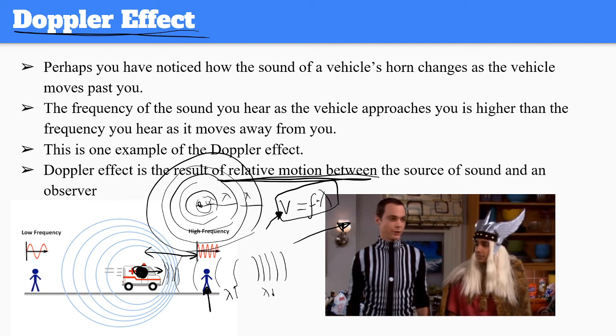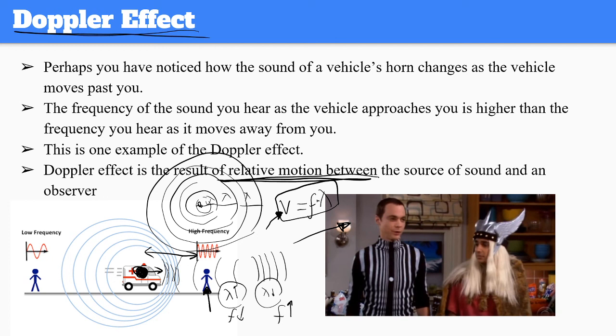And the medium is not changing, so my velocity is not going to change. However, wavelengths are changing. So how is it possible? If wavelength is less, then your frequency is going to be high. If your wavelength is more, then your frequency will be less.